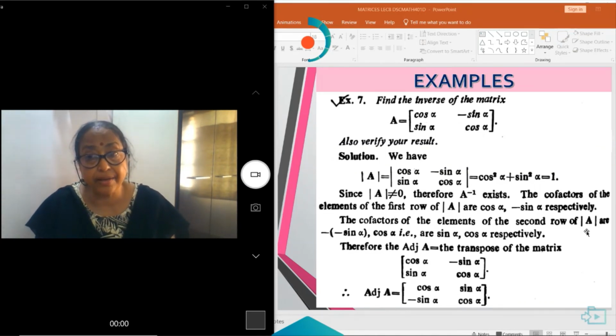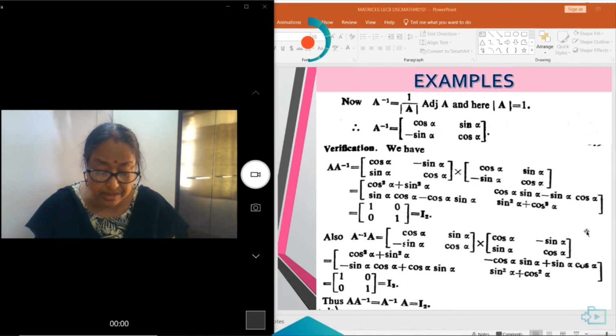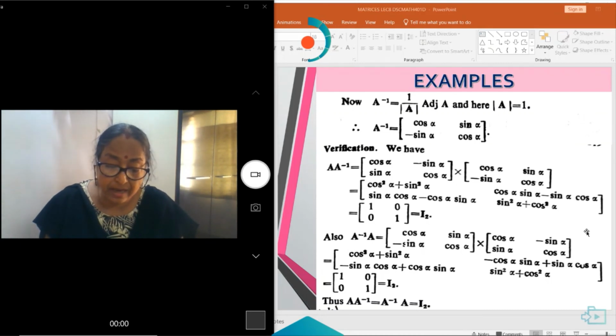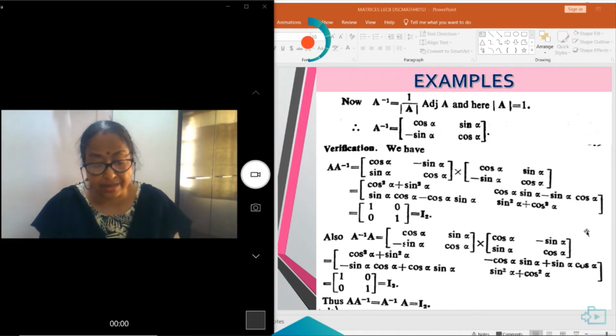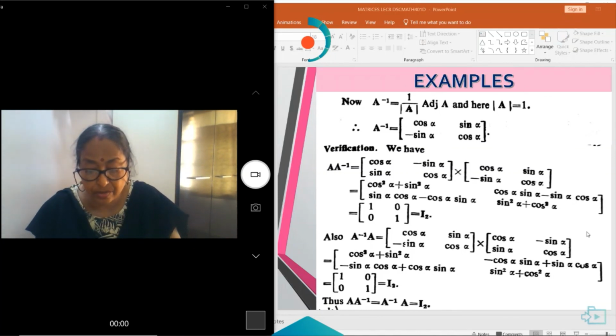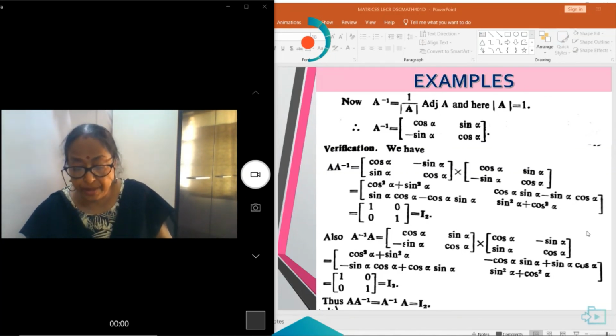That is, you have to show A inverse A is equal to A A inverse is equal to I2. So writing A and then A inverse and then multiplying, we get I2. I2 means a 2 cross 2 unit matrix.